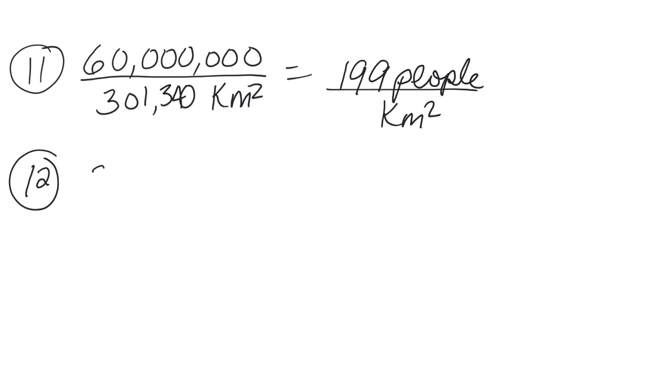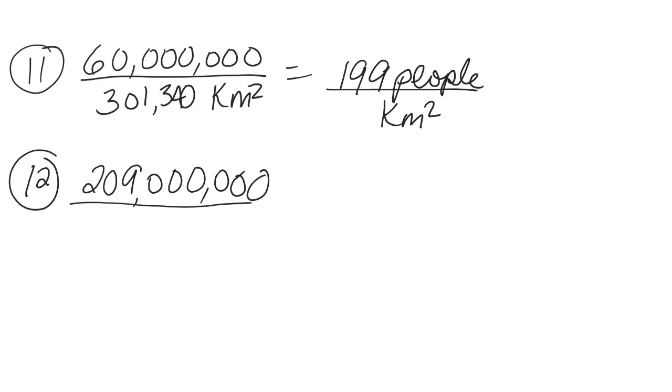So if we take the total population of 209 million and we divide it by 1,000, we get 209,000 thousands. So again, 209,000 thousandth people.